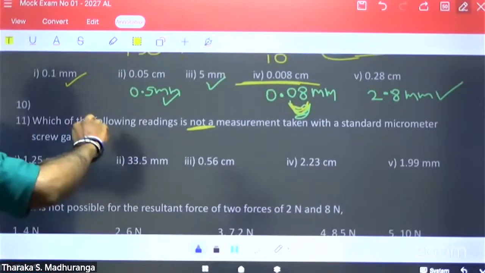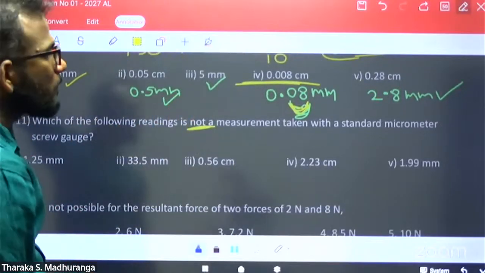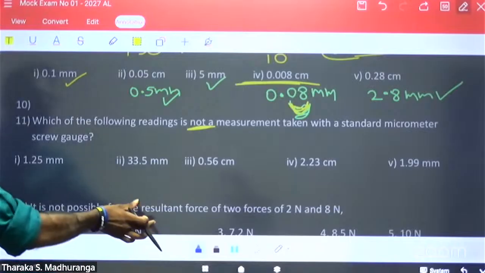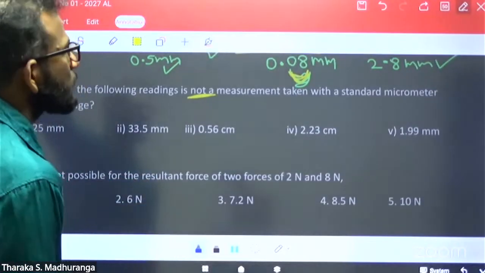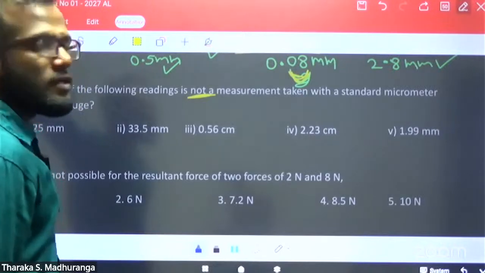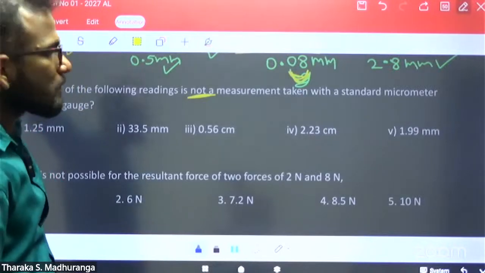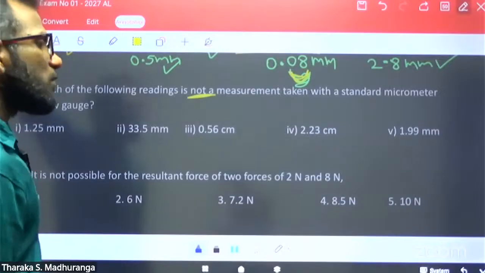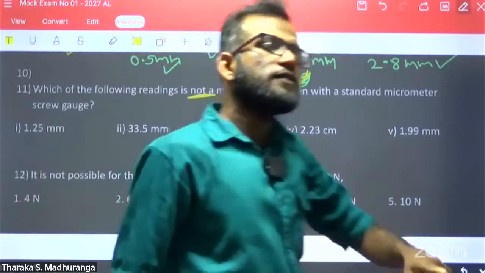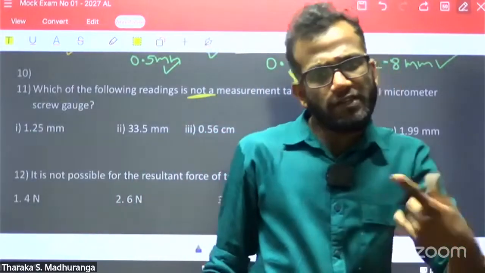Okay, online students all have marks for this question. Which of the following readings is not a measurement taken with the standard micrometer screw gauge? Now, in a standard micrometer screw gauge, what is the least count?